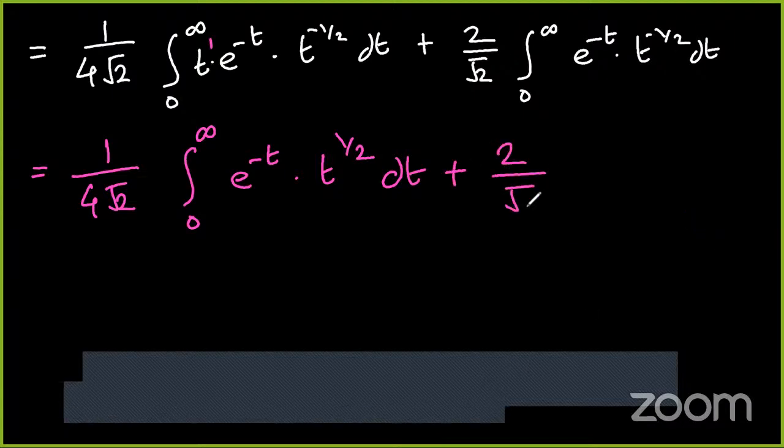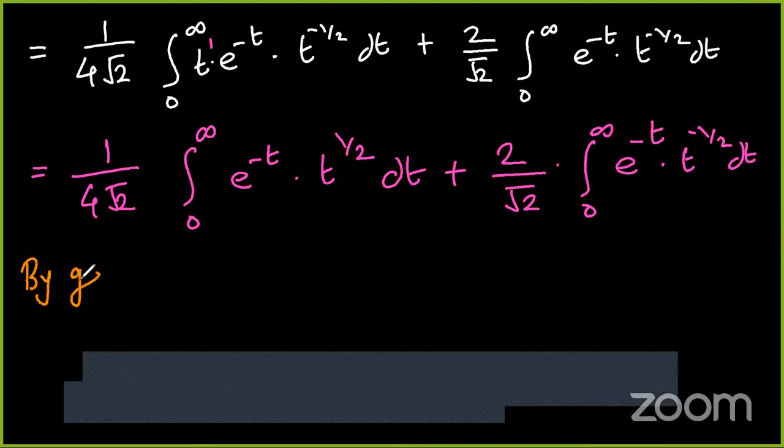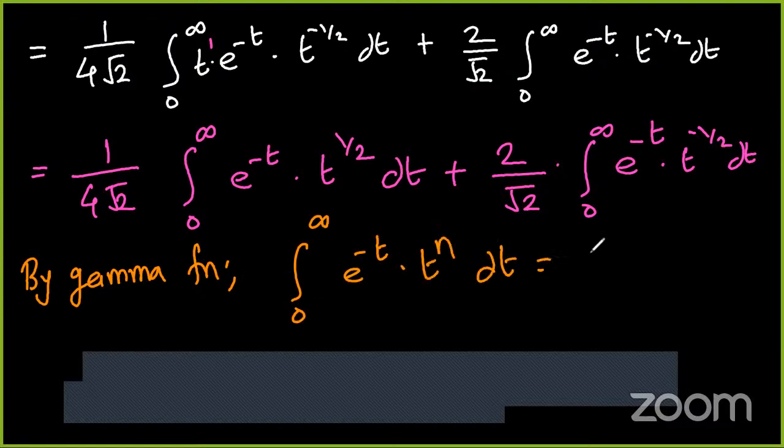2 by root 2. We can solve this also, but leave it. 0 to infinity e raised to minus t, t raised to minus half dt. Now this is a gamma function. So by gamma function, what is the formula? 0 to infinity e raised to minus t, t raised to n dt is equal to gamma of n plus 1.